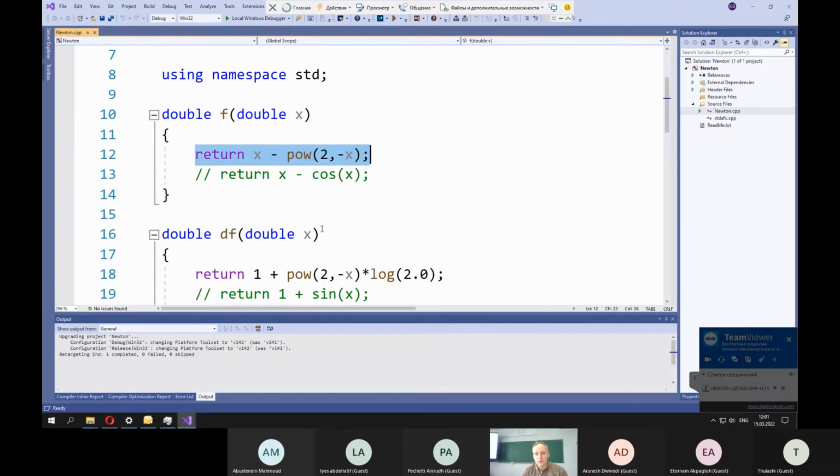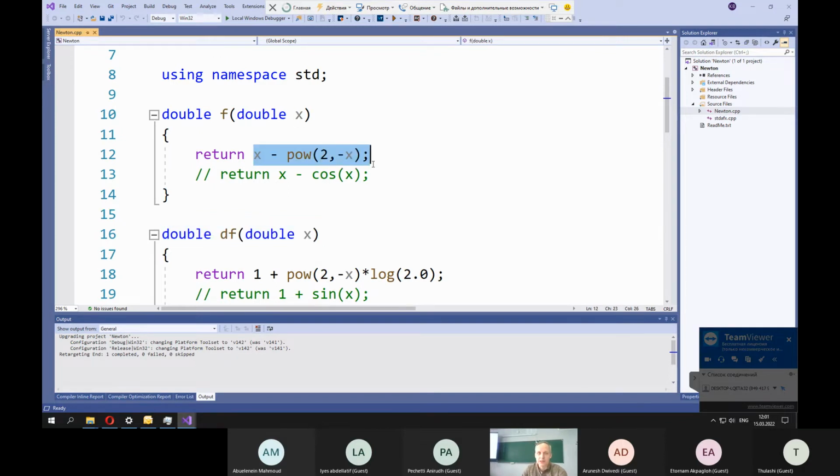To apply this method, we should write two functions, f of x and f prime x, the derivative of f.